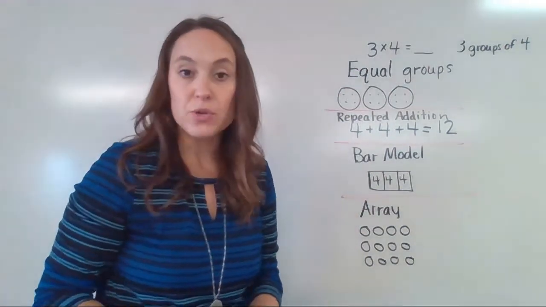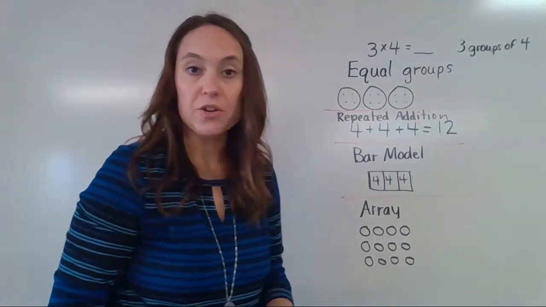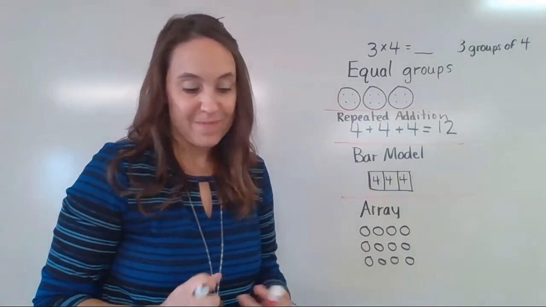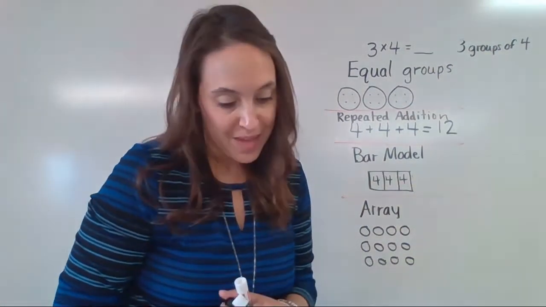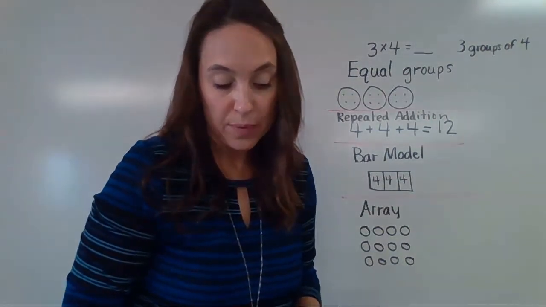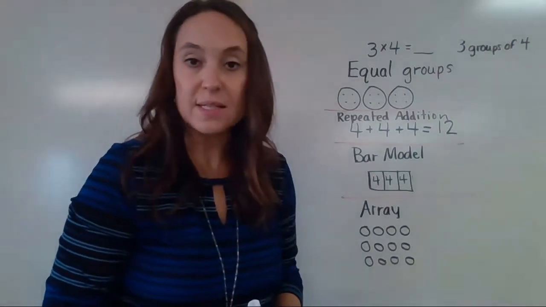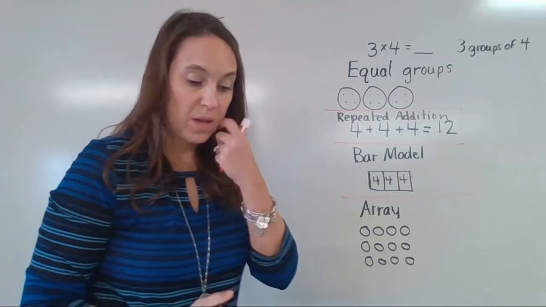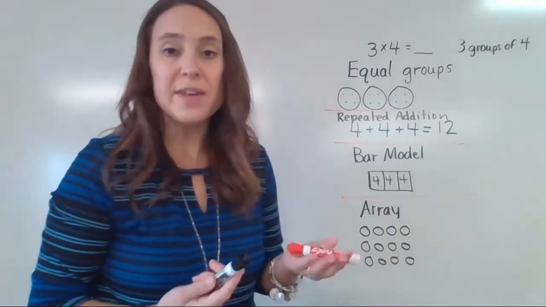So right now I'm in your math book. I'm on page 165, and I'm going to be reading about tomatoes. So if you want to follow along with me. Many people grow tomatoes in their gardens. Lee plants 3 rows of tomato plants with 6 plants in each row. How many tomato plants are there? So I'm going to write the numbers that I know.